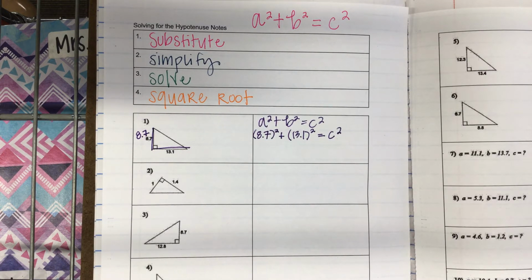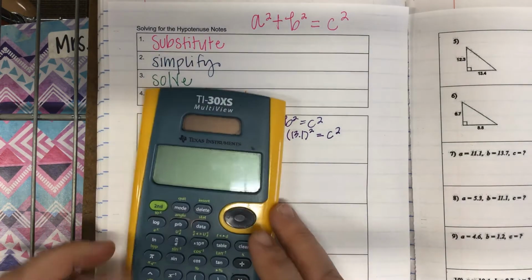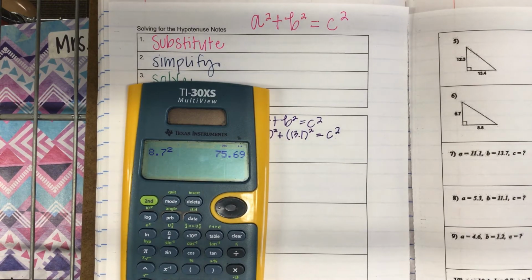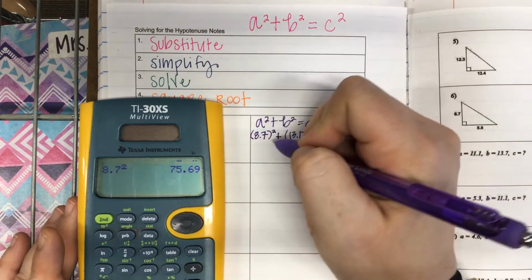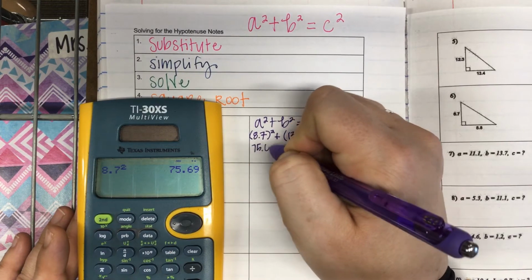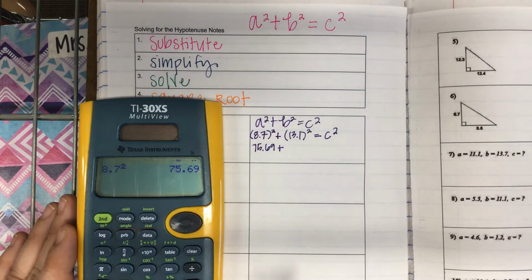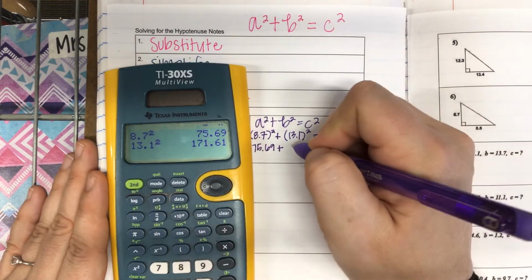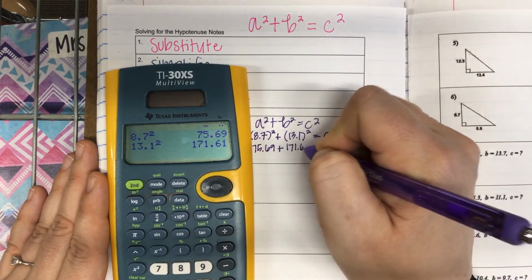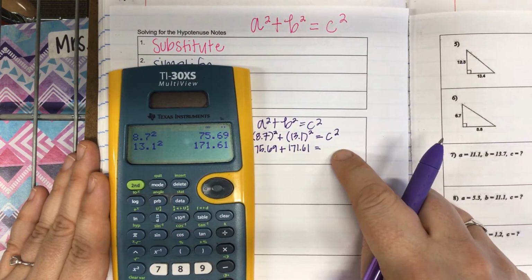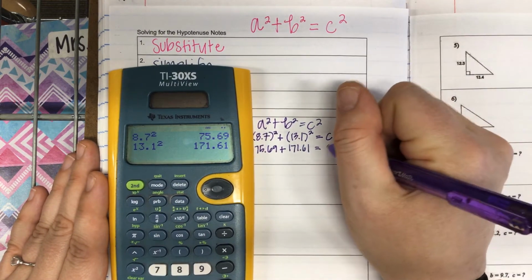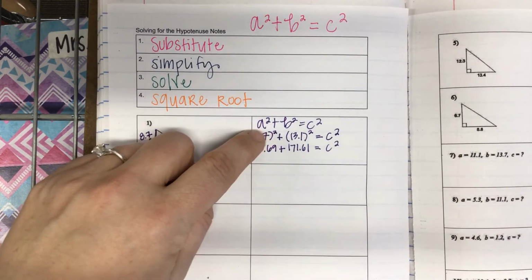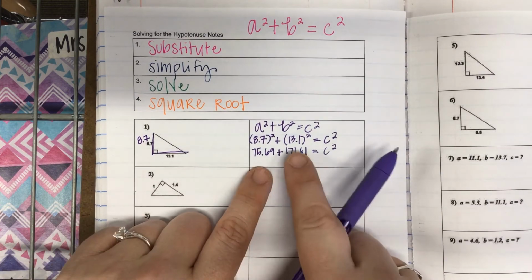We just did that. Step number 2 is to simplify. So I'm going to do 8.7 squared plus 13.1 squared equals, do you know what c squared is? No. Substitute. We did that here. Simplify, I made it easier.